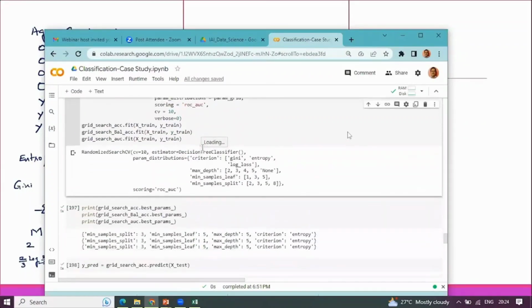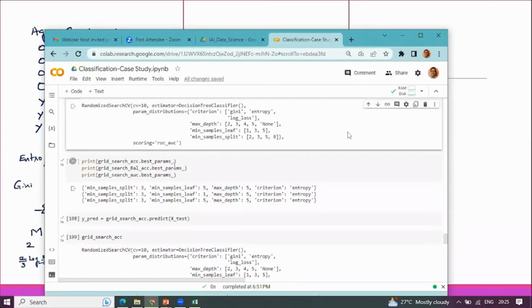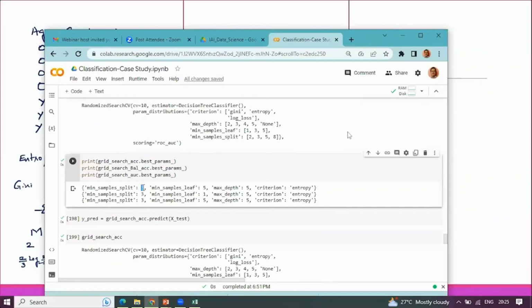When I run this with accuracy as my metric, it says the minimum samples to split is 3, minimum samples in the leaf should be 5, maximum depth is 5, and the criterion is entropy.